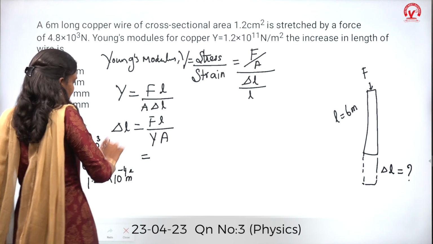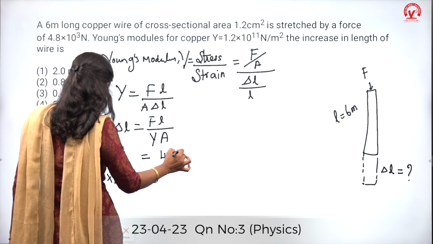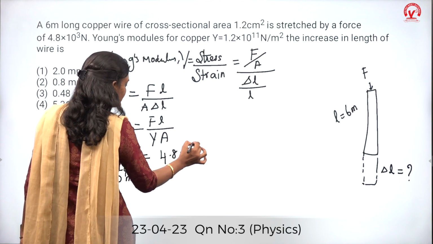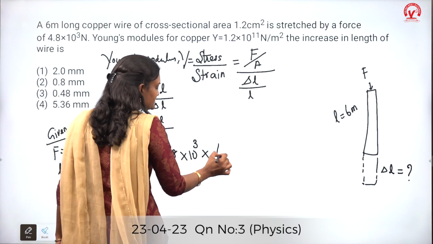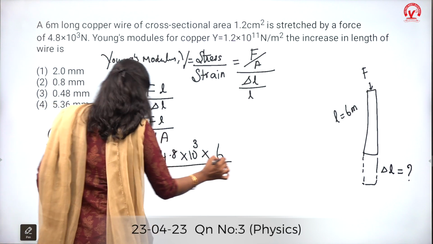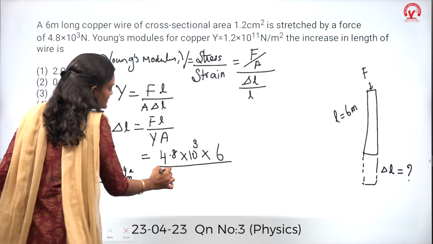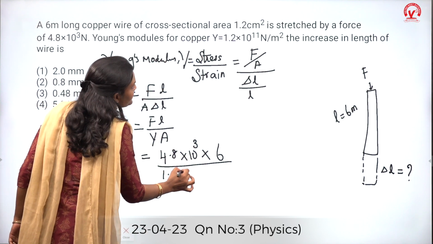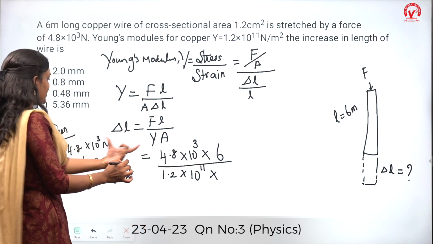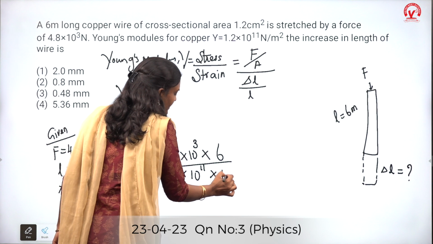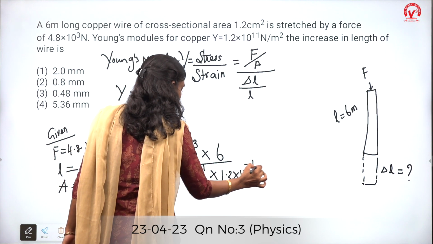Applying the formula: 4.8 into 10 power 3 into the original length 6 meter divided by Young's modulus value 1.2 into 10 power 11 into area of cross section 1.2 into 10 power minus 4.